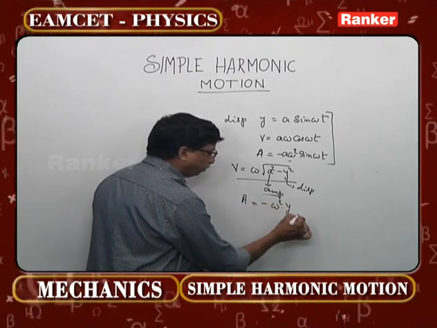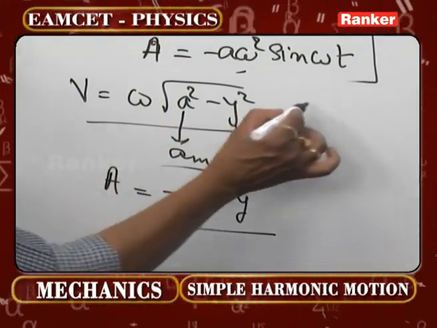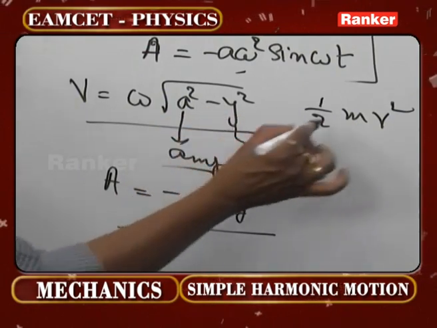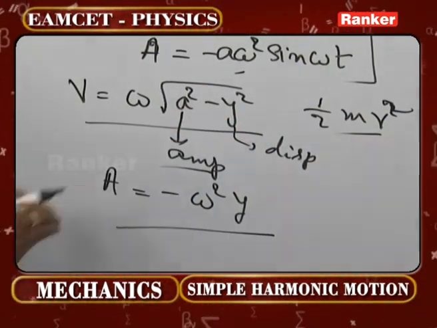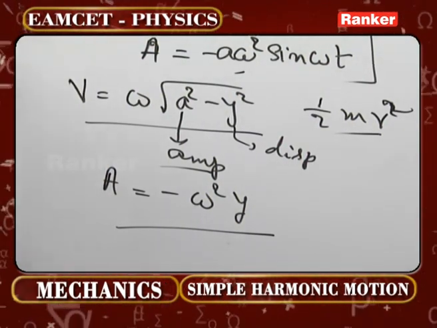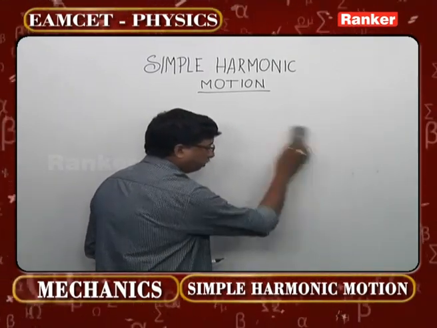Omega square y, y being the displacement here. If I write half m v square, taking this v as velocity, I will get the corresponding kinetic energy. Therefrom, I can even attain the potential energy of SHM also. So, these are the basic concepts you need to remember before taking up the models.